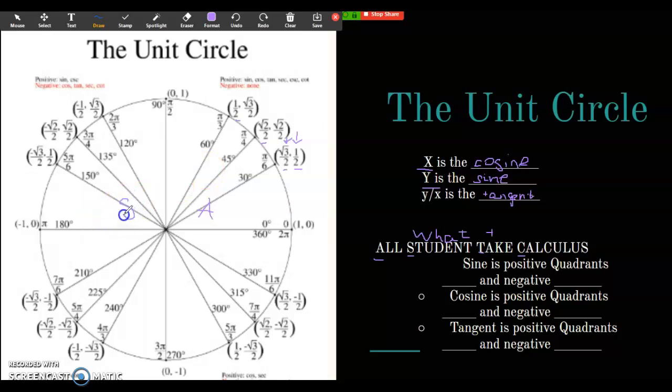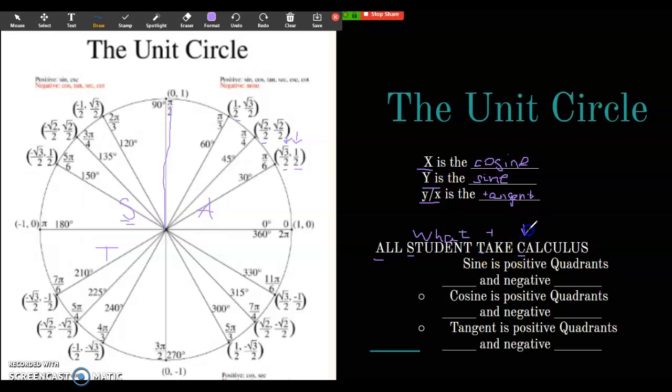If we talk about students, that went in quadrant 2, and that told us that only the sine was positive, which makes sense because sine being the y, when we're in quadrant 2, only the y is positive. In quadrant 3, take, tangent was the only thing that was positive, which makes sense because our x and our y are both negative. Two negatives makes a positive, right? Because for tangent, we take the y divided by the x.